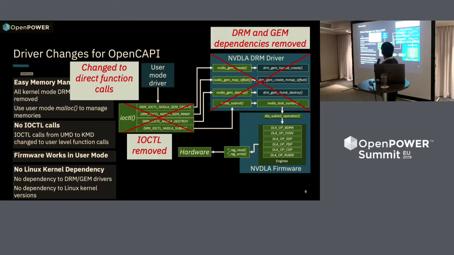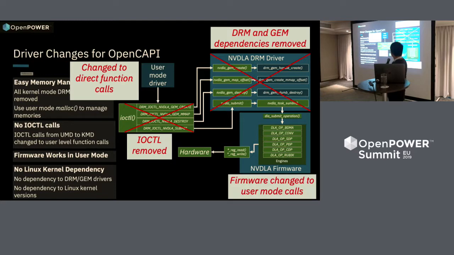This whole DRM driver, which is based on GEM memory management, is removed in our software stack. And then we moved the firmware code from kernel mode to user mode. So you don't need to compile your code against the Linux kernel. You don't need that anymore, because if you want to compile a driver, you need to download the Linux headers.